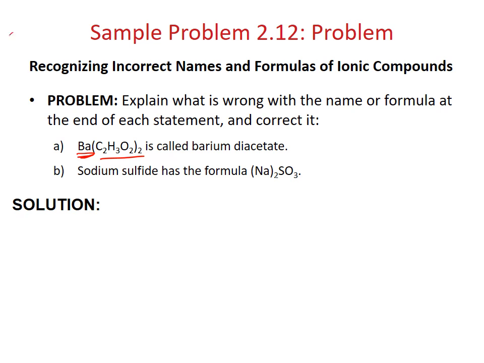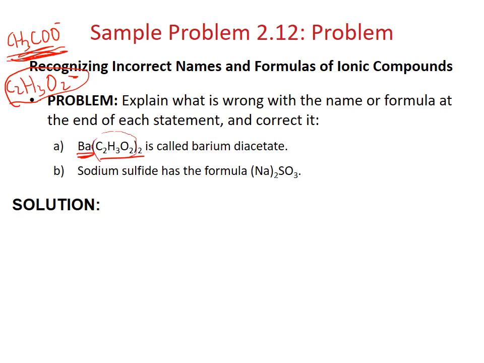One is CH3COO negative. This is called acetate. If you count how many carbon, hydrogen, in this acetate anion, you have 2 carbon, 3 hydrogen, and 2 oxygen and negative charge. So C2H3O2 negative is also acetate.